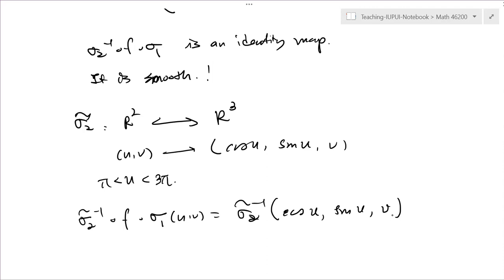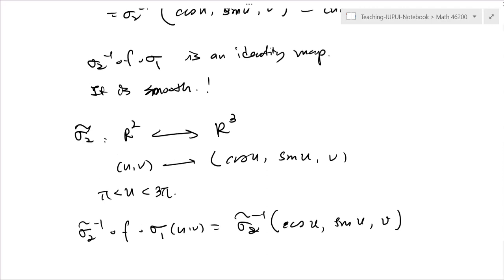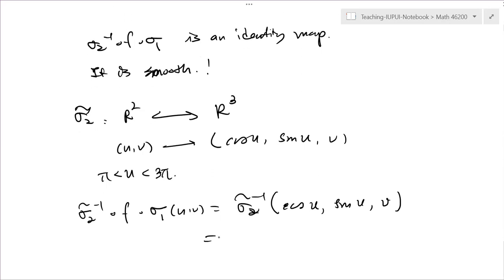I think just our sigma 1, okay, sigma 1, yeah, the same actually is UV, okay? Now be careful about this.